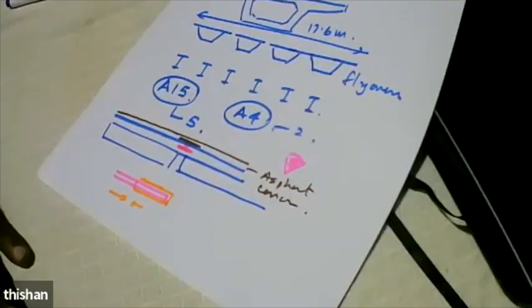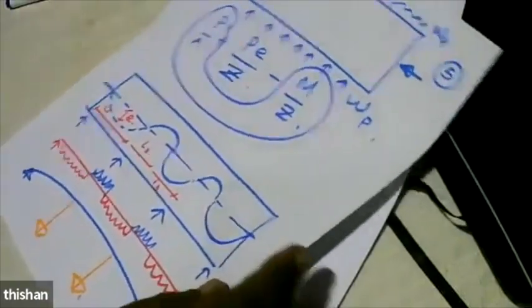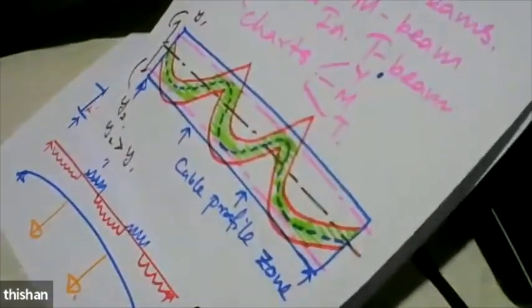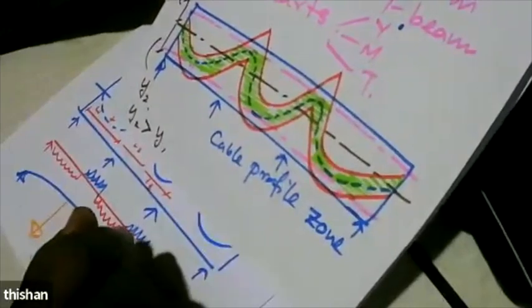We first have to understand why we cannot design a continuous bridge as we do with simply supported, because of this situation where you do all your calculations and get a zone.